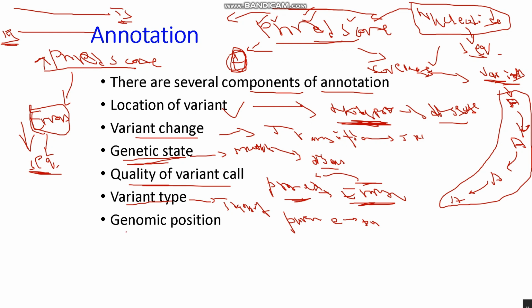In the genomic position, it's also about the location of the variant. The position may be a hotspot that actually causes the disease. We check it.